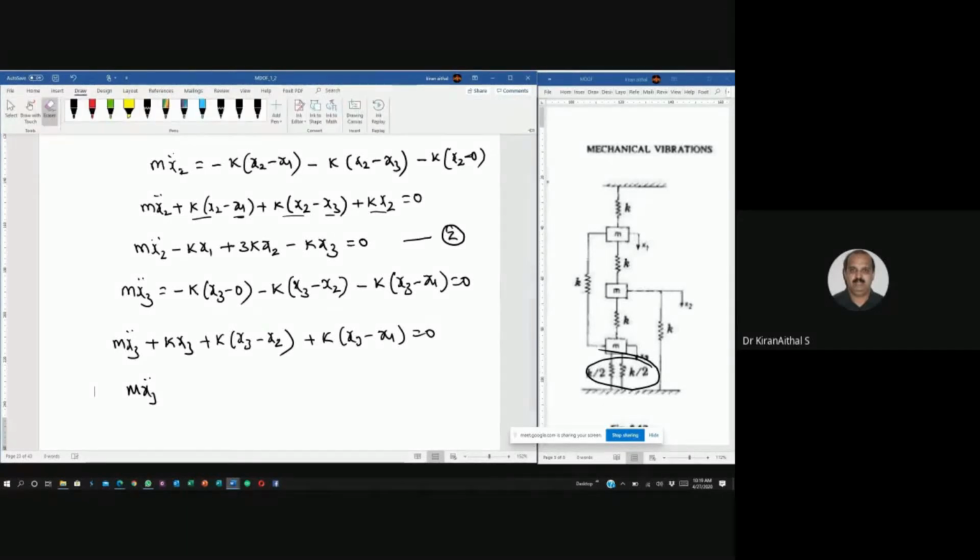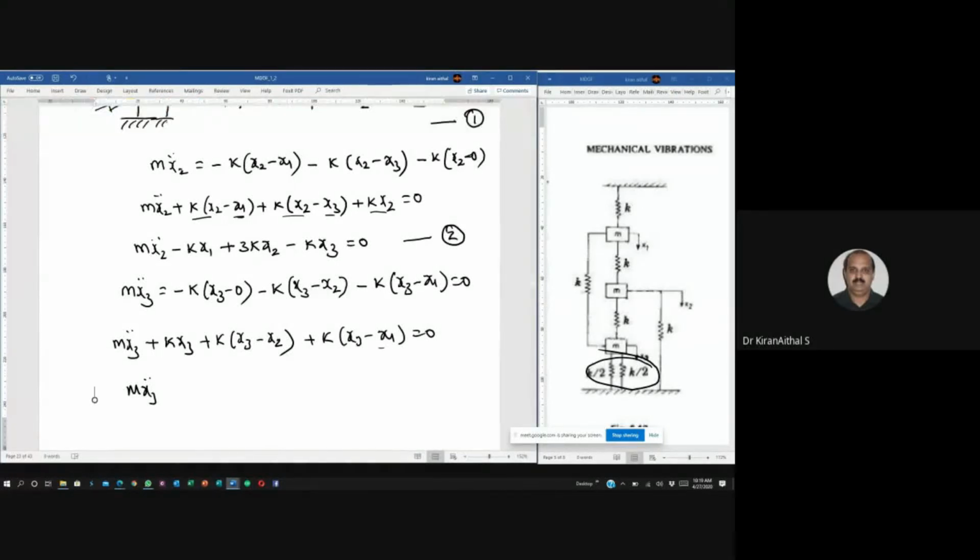Only this particular part, minus k into x1. x2 is also 1, you can check it out, minus k into x2. And lastly, x3 is 1, 2, and 3, so plus 3k into x3 is equal to 0. This becomes my equation number 3 here.